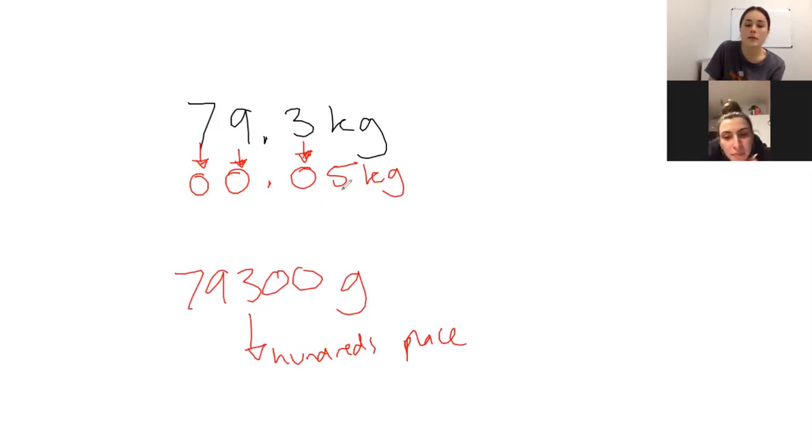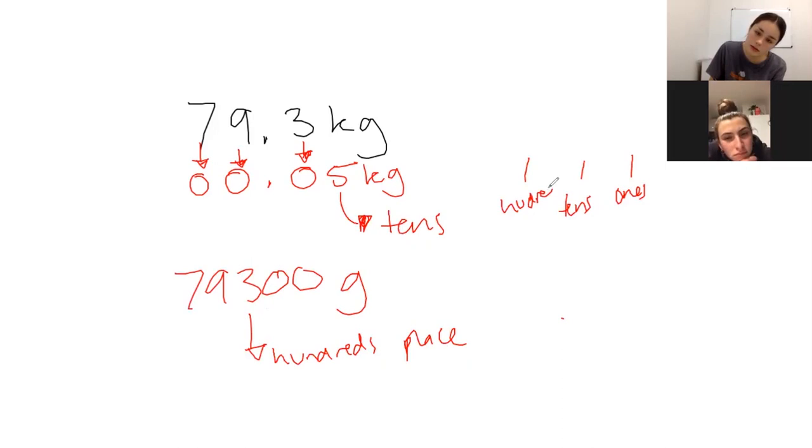And so where would our 5 be if it's the one before hundreds? It'd be in the tens place, because it goes ones, tens, hundreds. And so if the 5 is in the tens, then it'd be 50, because 5 times 10.